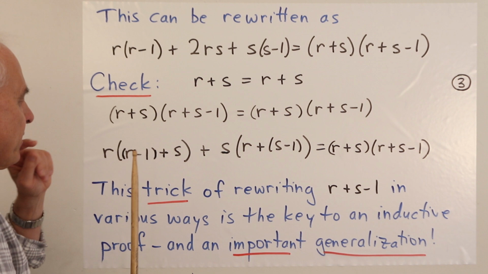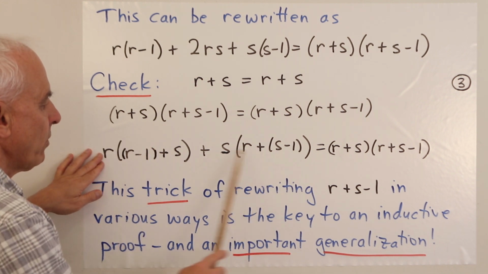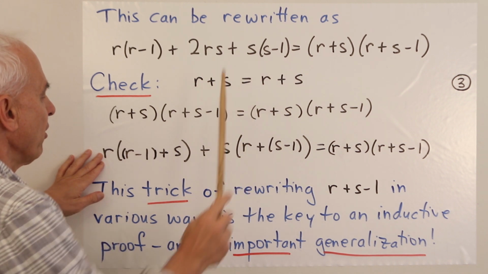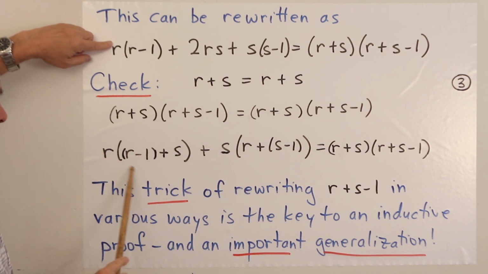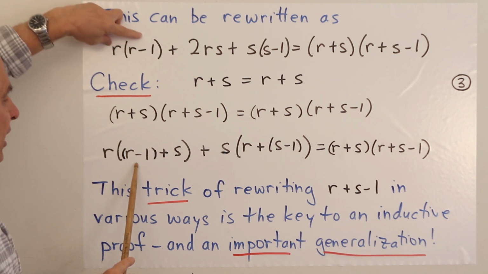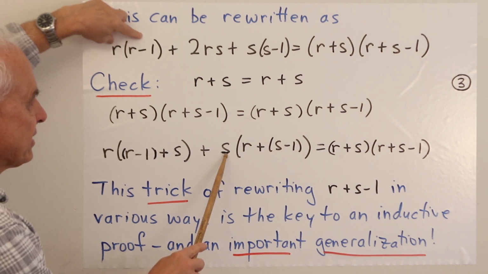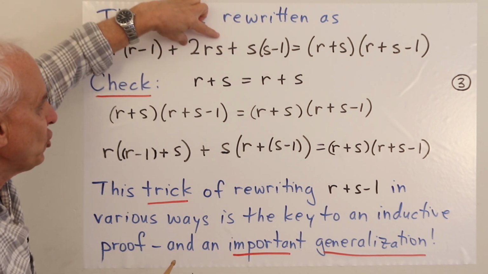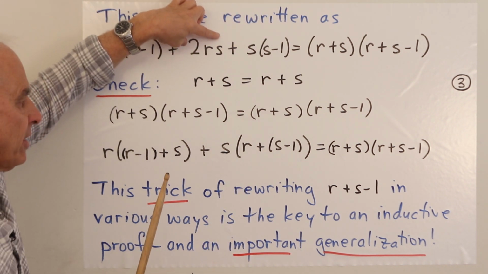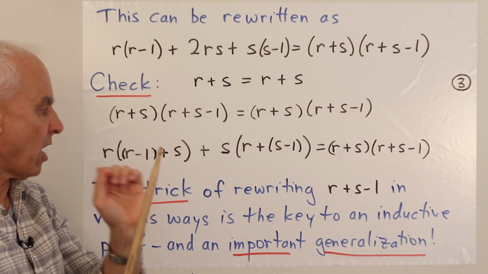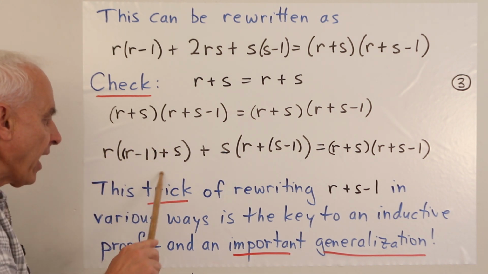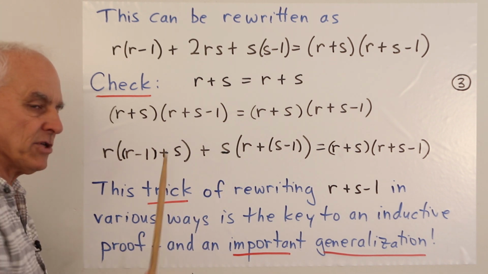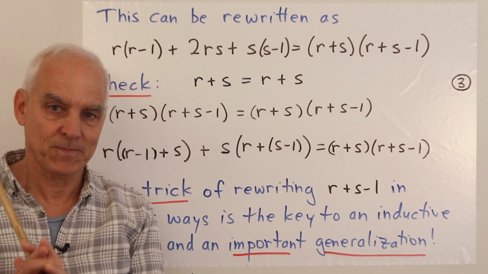Now, this makes it easier to see that when we expand this out, we're going to get actually the left-hand side here. Because the r times r minus 1 that we've cooked up here is exactly this first term. And the s times the s minus 1 that we've cooked up here is the last term. And this 2rs is coming about as a sum of two different contributions. One of them is the rs that's coming from this product, and the other one is the sr, which is coming from this product.